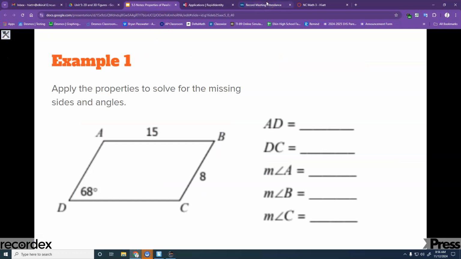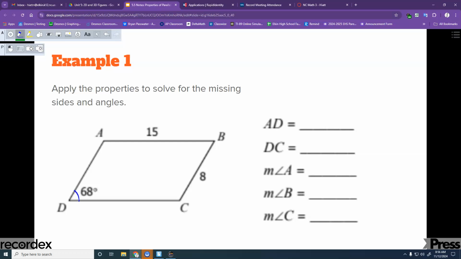Okay, for example 1. Okay, Angel, what would AD be for example 1? It will not be 68 because 68 has a little circle behind it, meaning that it is your angle.